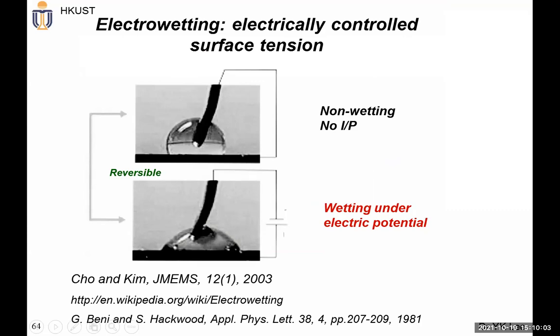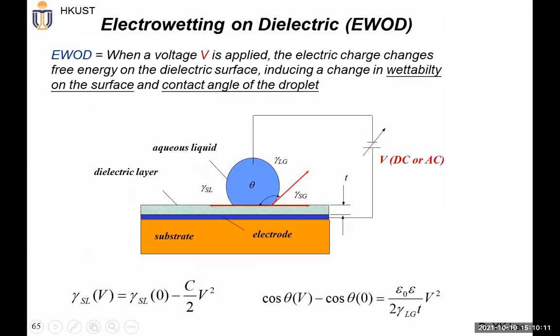So that's why, for a more practical design of this device, we have to use electrowetting on dielectric, right? In this case, electrowetting on dielectric is more practical, so that we are able to manipulate the droplet by applying the voltage. You can see the key thing here is we apply the voltage between this droplet and this additional electrode, but in between the droplet and this electrode, we have some dielectric material.